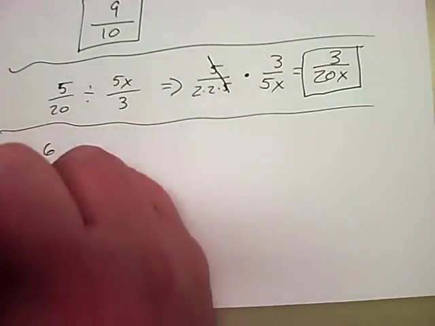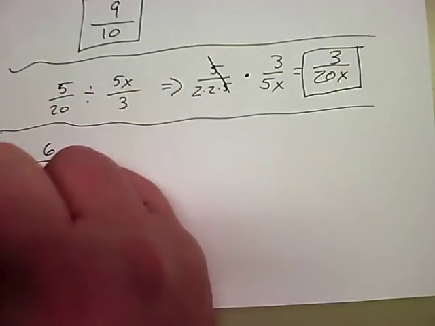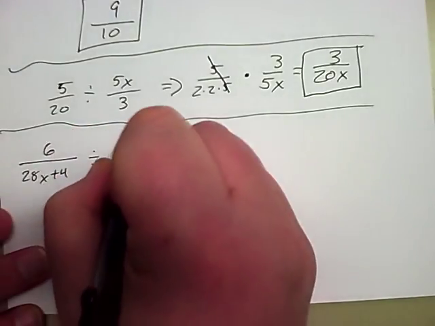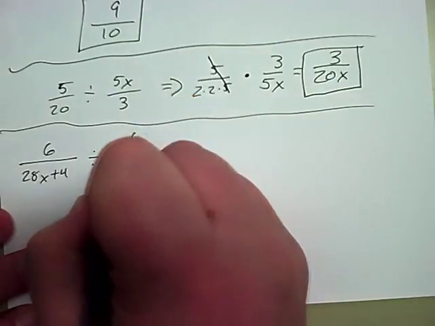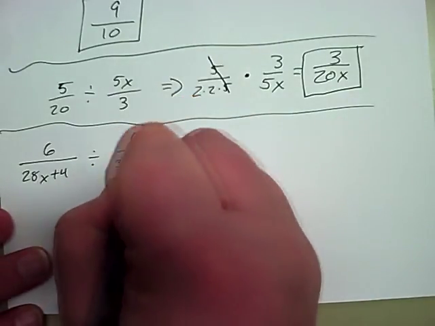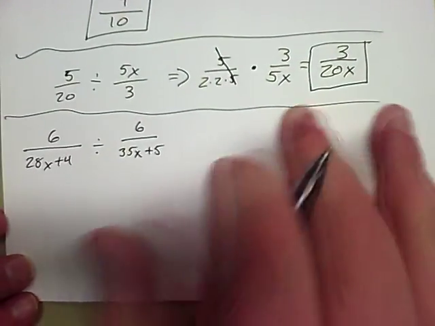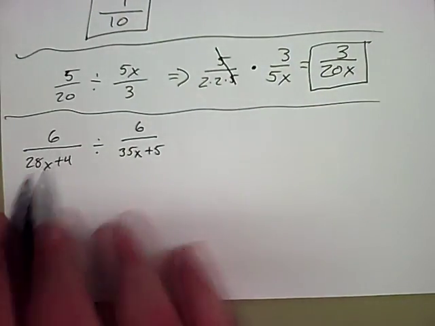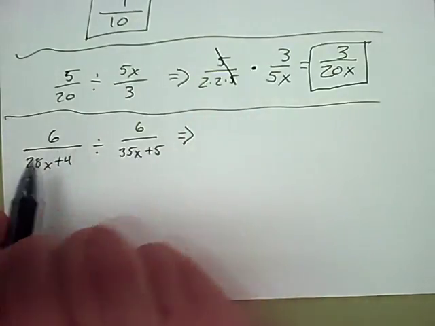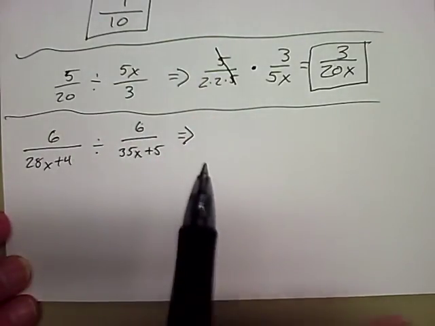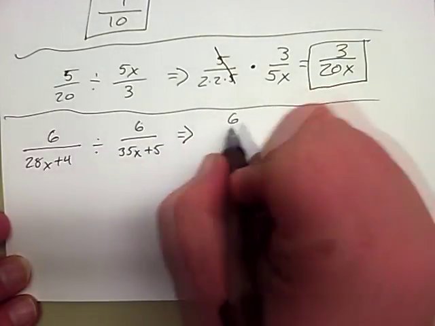So here we have 6 over, let's call it 28x plus 4 divided by 6 over 35x plus 5. Now again, the first fraction stays the same, but as I do this, I want to factor where I can. I'm not going to break the 6 down because I see there's another 6. So I'm just going to leave 6 alone.